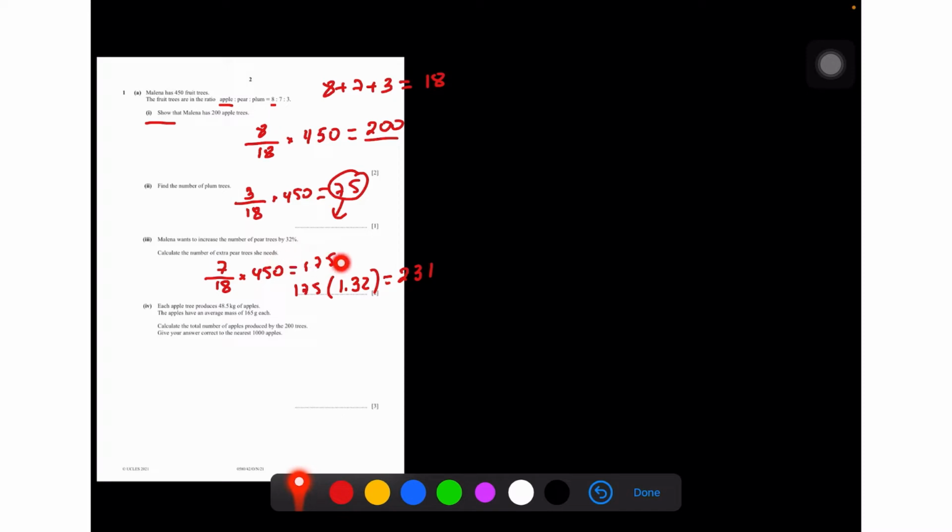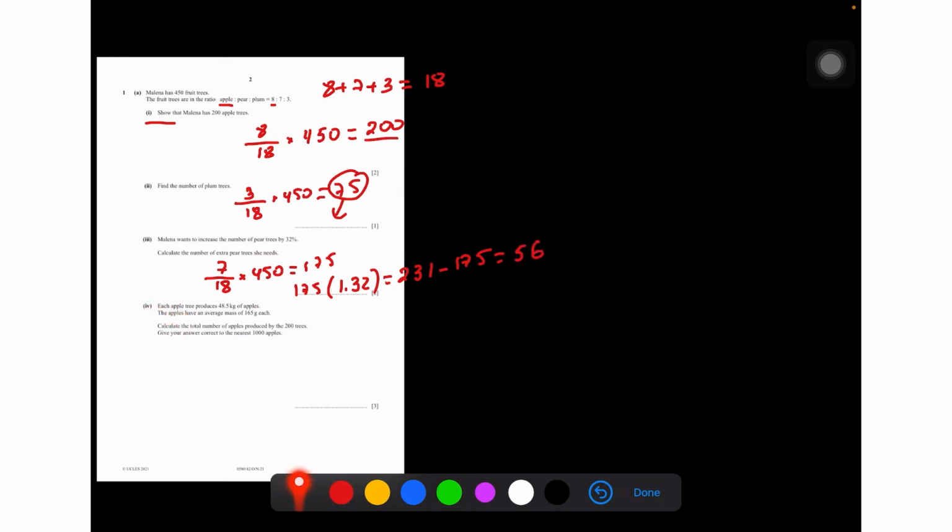We had 175, and if we increase this by 32%, we will get 231. We need to find the extra trees, so we subtract 175 from 231, and this will be 56. We need 56 extra trees here.